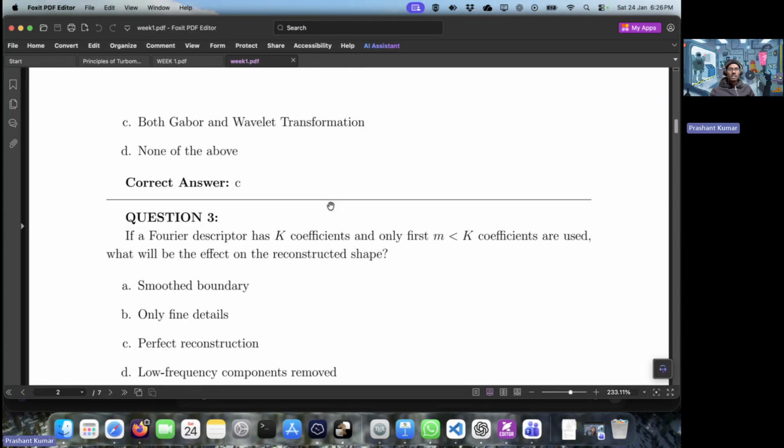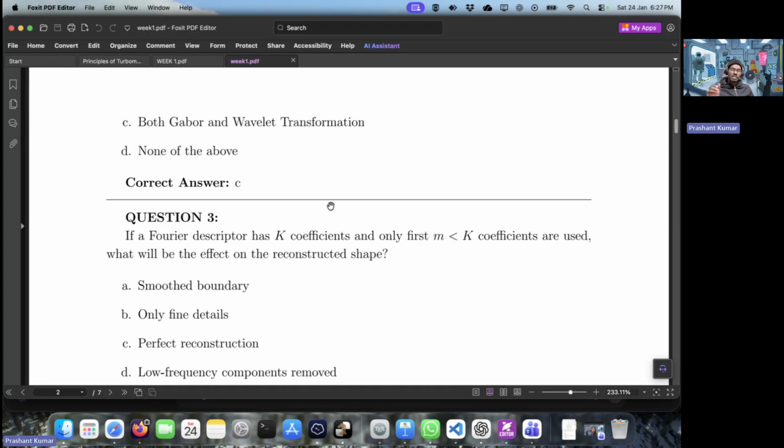The question is, if a Fourier descriptor has k coefficients and only m, which is less than k, coefficients are used, what will be the effect on the reconstructed shape? Let's take a square as a very simple example. If you have a square-like signal and you are reconstructing that shape, first you write the shape into Fourier coefficients.